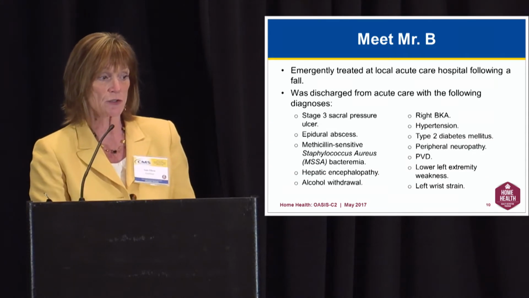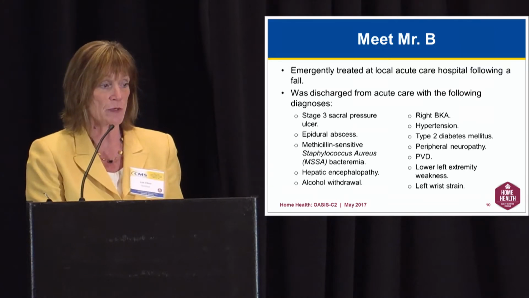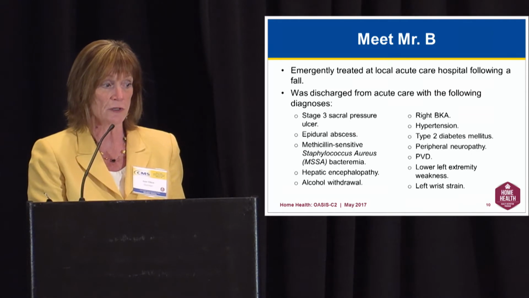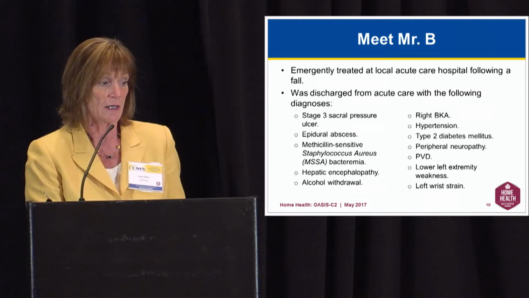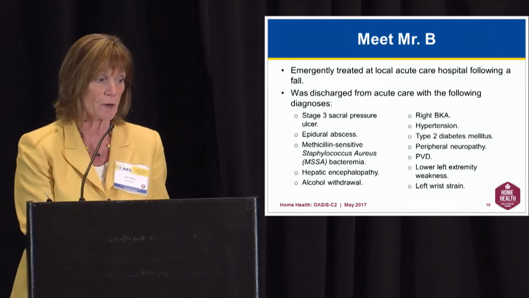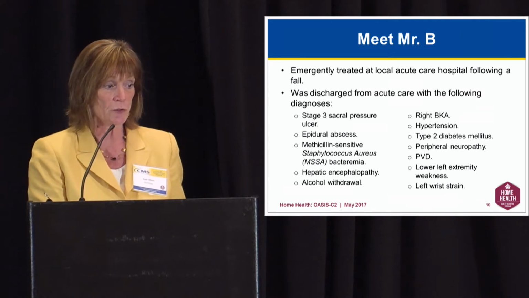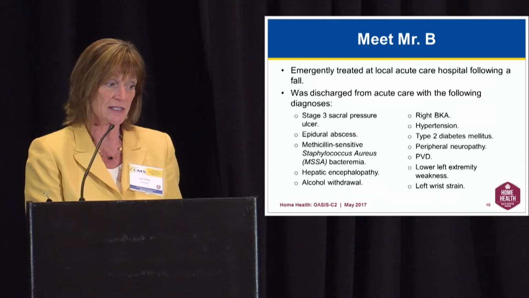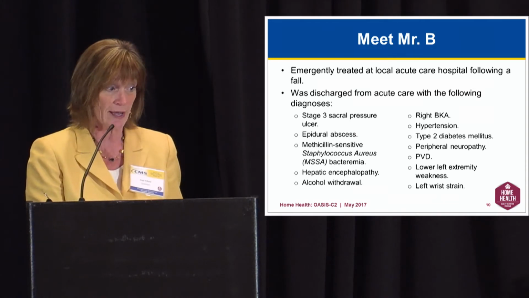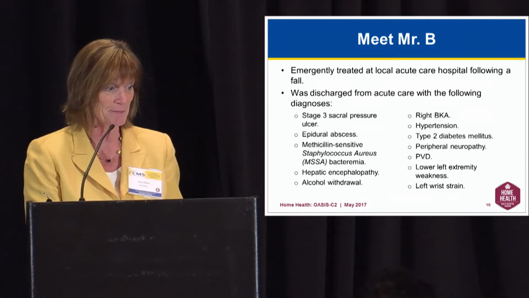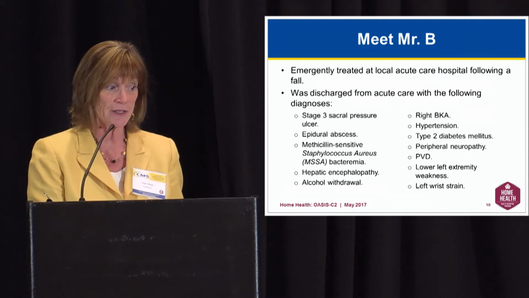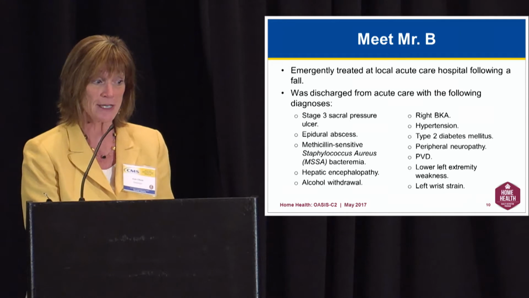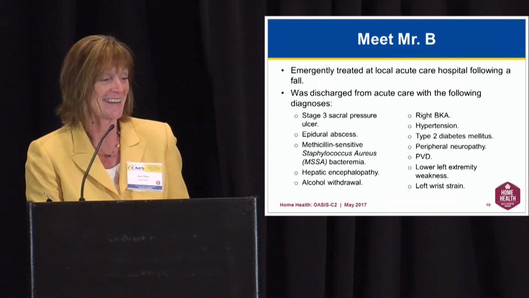He was emergently treated at a local acute care hospital following a fall, was discharged from acute care with the following diagnosis. He had a stage 3 sacral pressure ulcer, an epidural abscess, methicillin-sensitive Staphylococcus aureus, or MSSA bacteremia, hepatic encephalopathy, alcohol withdrawal, a right BKA, hypertension, you're getting all this?